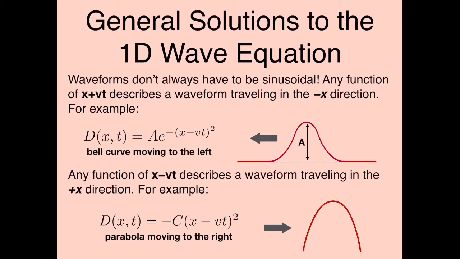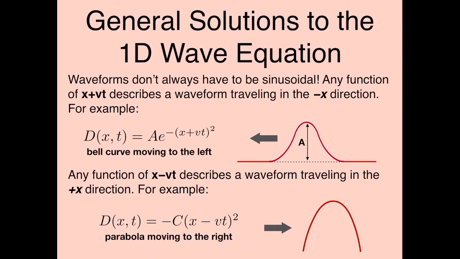So for example, let's say we have d of x and t is equal to A times e to the minus (x plus vt) squared. So if you have e to the minus something squared, the shape of that function is a bell curve, something that looks like this, and A just sets the height of the bell curve, okay?